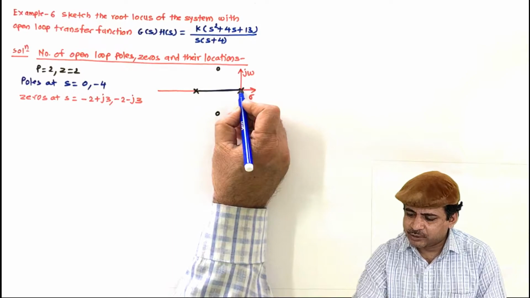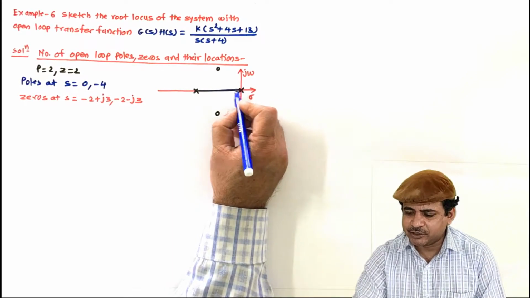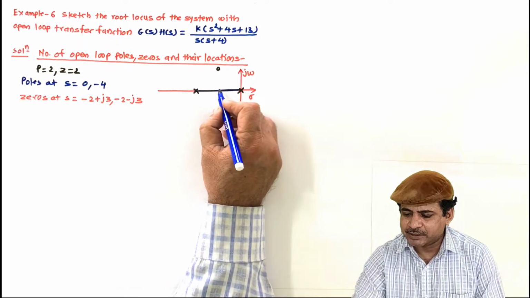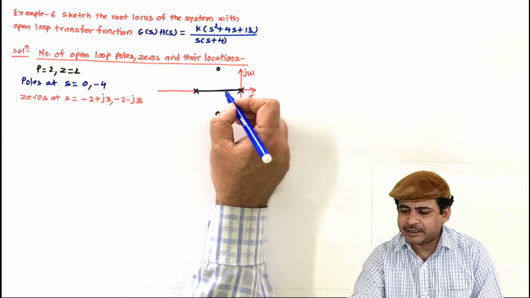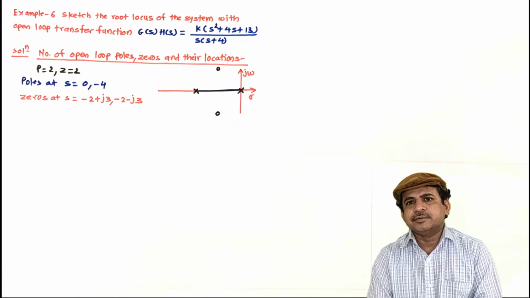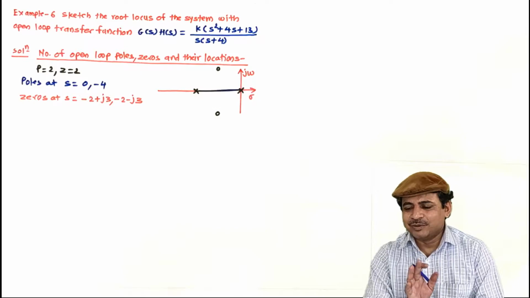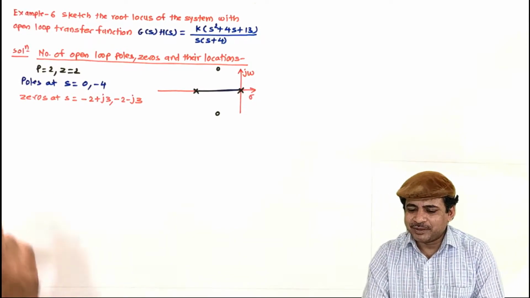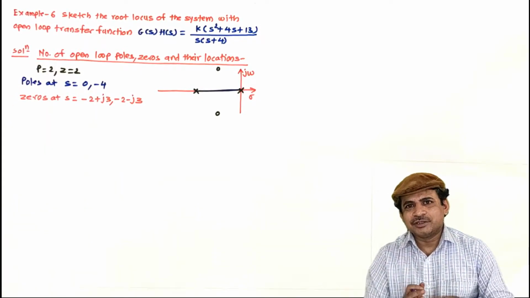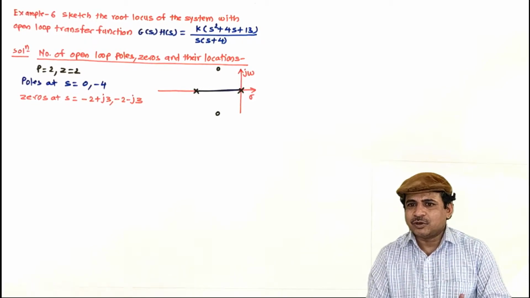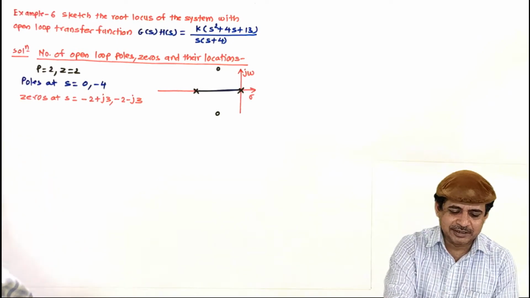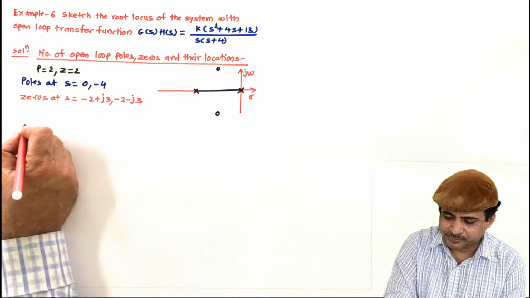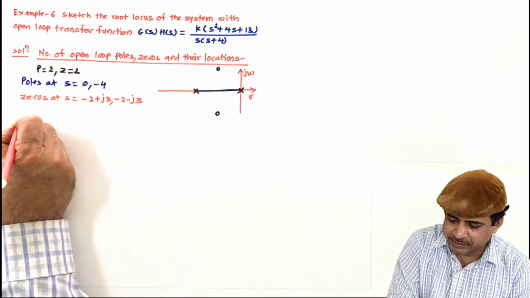And this means as K changes, these two poles will approach towards each other, and at some place they will depart from the real axis and approach towards the zeros with angle of arrival. One more interesting thing here is that P minus Z is 0, so there is no asymptote, also there is no question of centroid. So the next step will directly be the breakaway points.